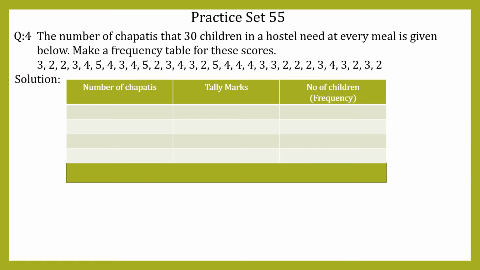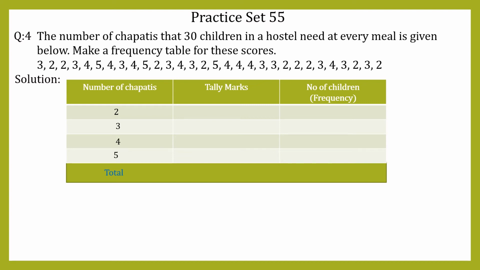Now, dear children, you can see the minimum number or the smallest number is 2. Then we have 3, 4, 5. So we can write this in the first column, that is number of chapatis, 2, 3, 4 and 5, and then it will be total.